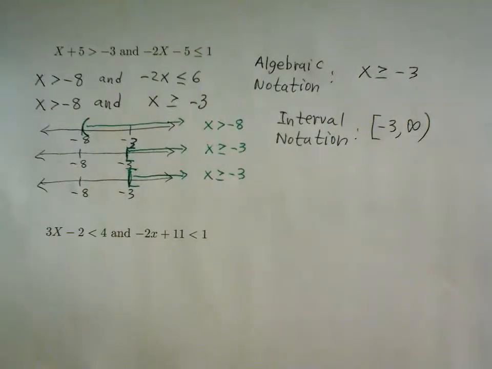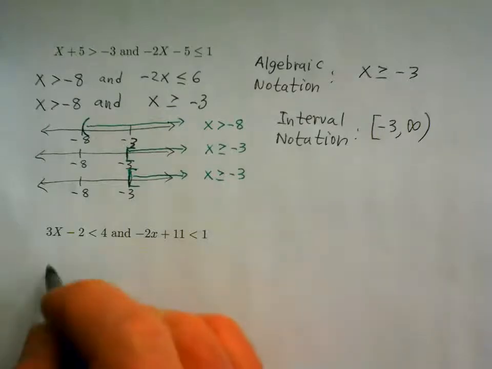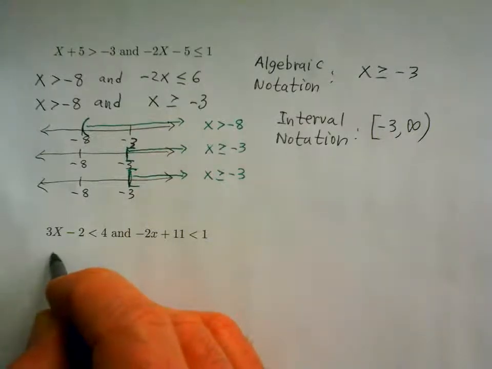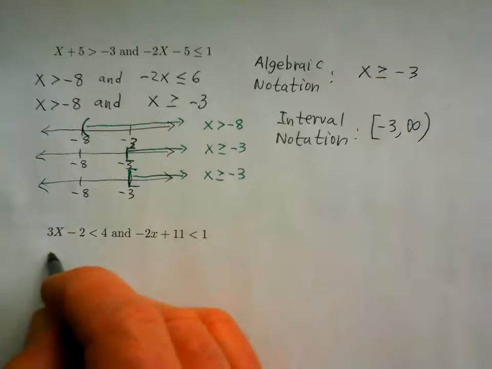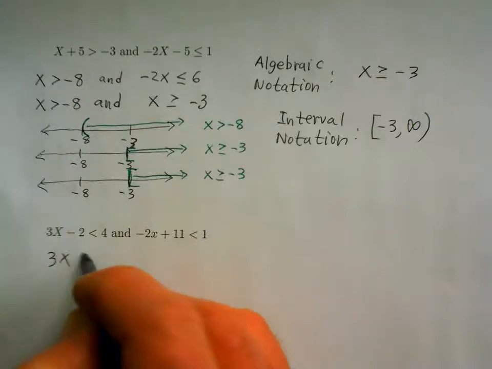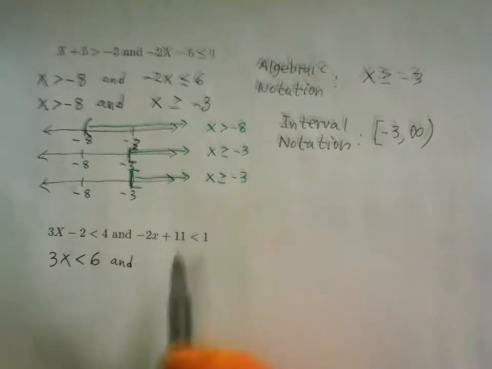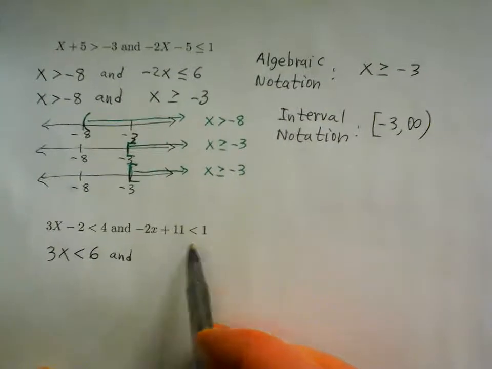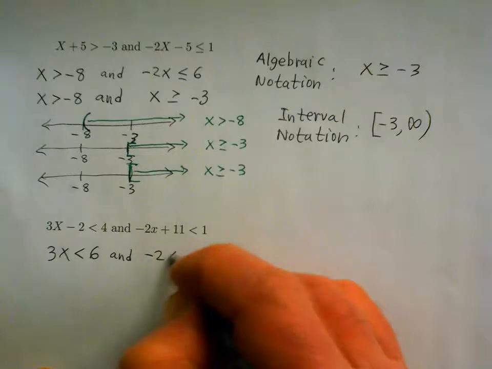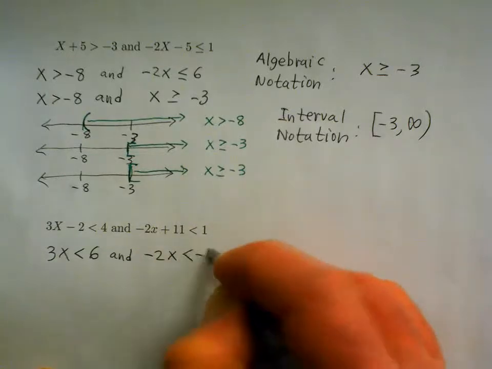3x minus 2 is less than 4, and -2x plus 11 is less than 1. So we'll solve each of those for x. First, on the left, add 2 to both sides, so we get 3x is less than 6. And on the next one, subtract 11 from both sides, so -2x is less than -10.